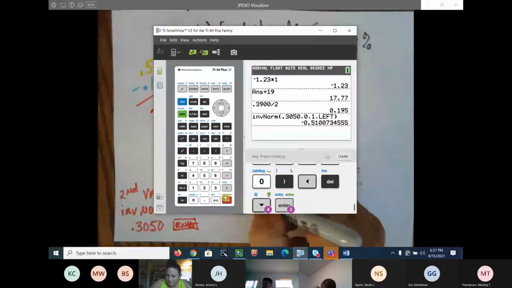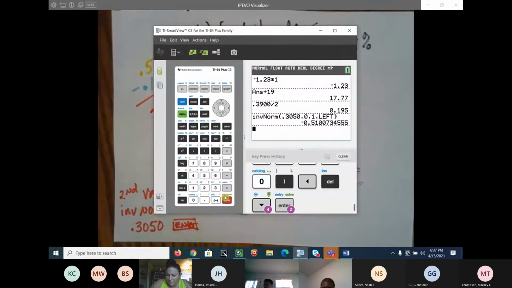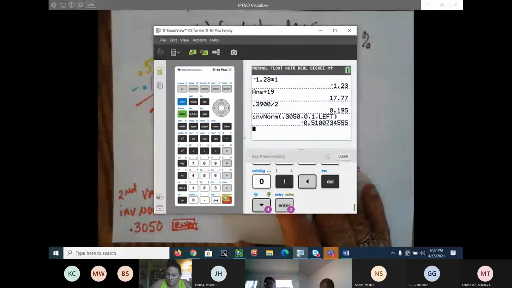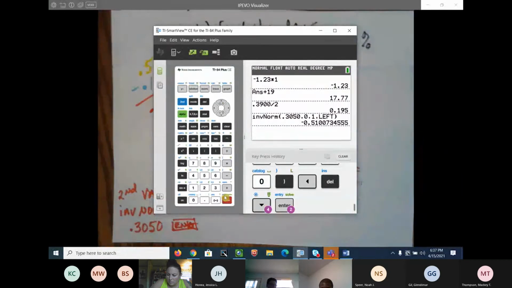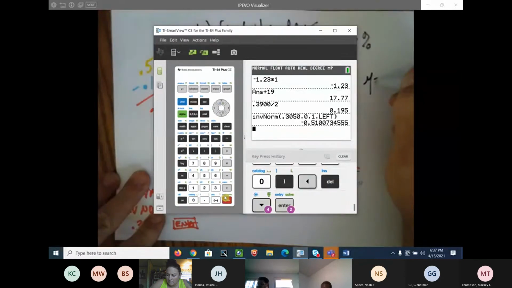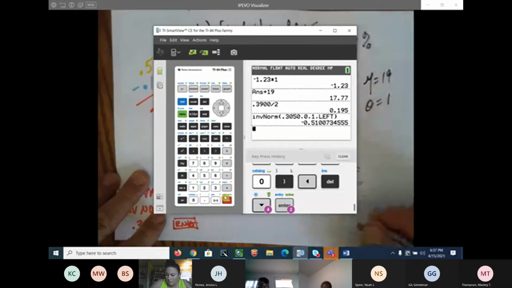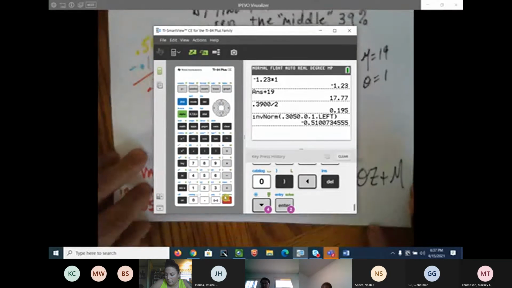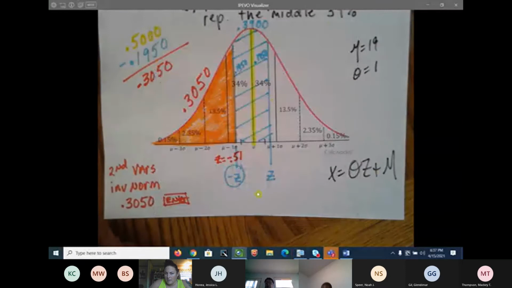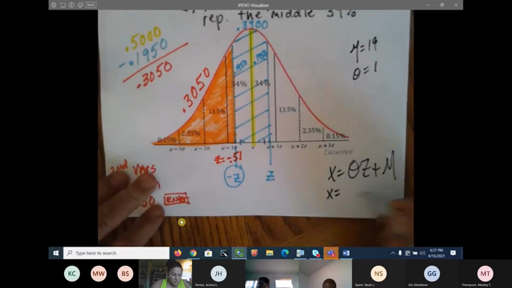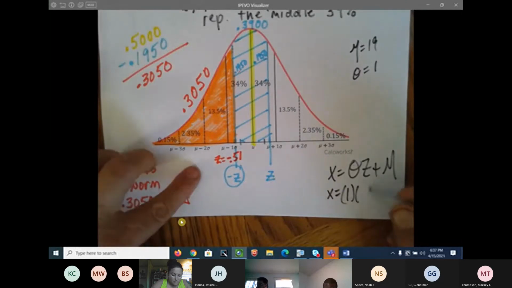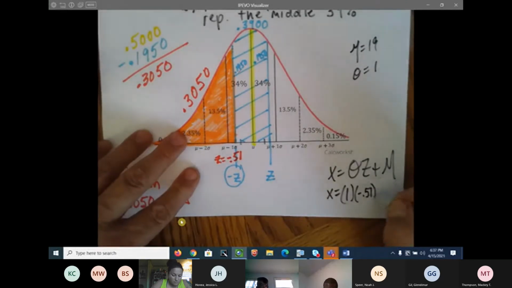Now, tell me what that day is. Let's see, mu is 19. Standard deviation is what? 1. And we want x is equal to oz plus mu. So that's going to be plug and chug. X is equal to 1 times negative 0.51 plus 19.